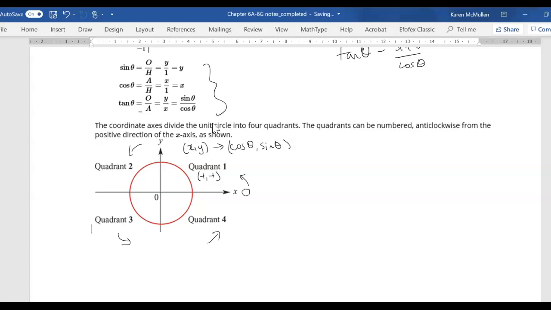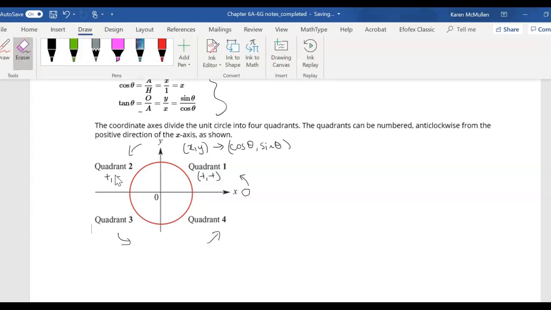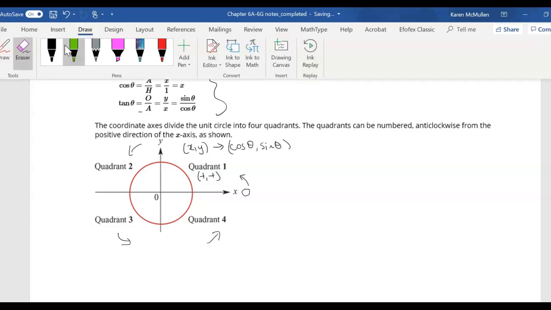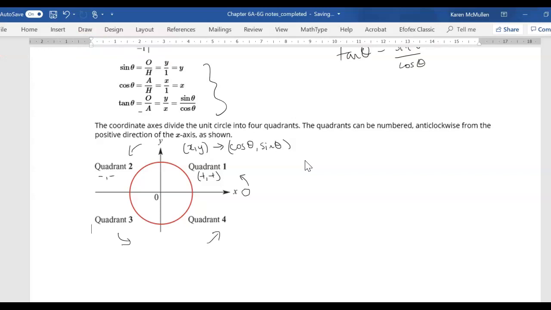Quadrant 2, though, our x coordinate is positive, but our y, whoops, no, other way around. Sorry, let's just quickly erase that. Our x is negative and our y is positive, okay? Because we're in the negative part of the x-axis, but we're still above the x-axis, still in the positive y.